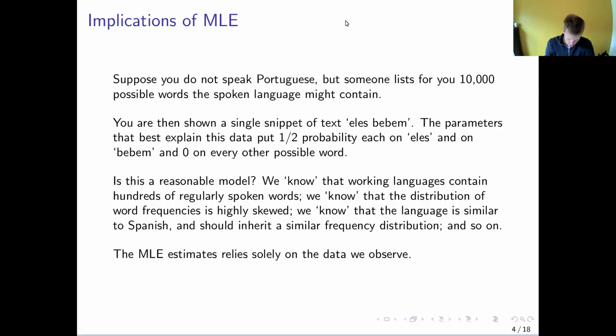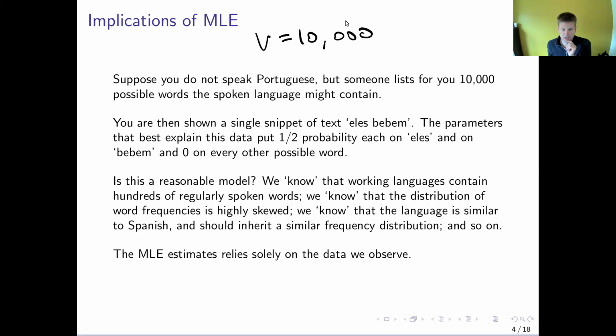So let's say that we know that capital V is 10,000. Okay, so this is now a high-dimensional problem in the sense that we have many possible features that might appear in our textual data in our document, in our list of terms.